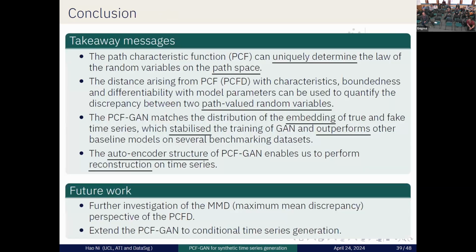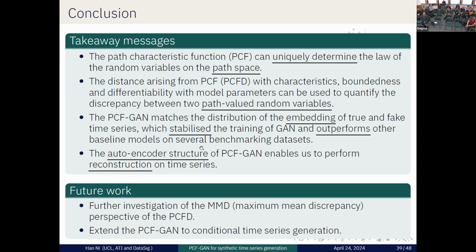So in conclusion, we view that the path characteristic function is a useful representation for the law of a path-valued random variable, and the corresponding PCF distance has characteristic properties, uniform boundedness and differentiability with respect to the parameters, and it can be used as a generic metric to quantify the discrepancy between two path-valued random variables.